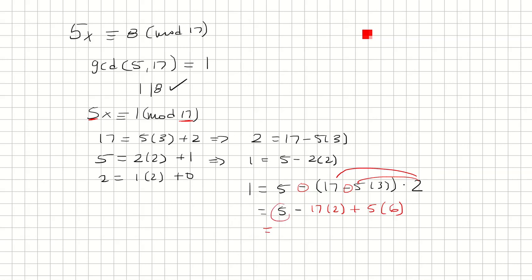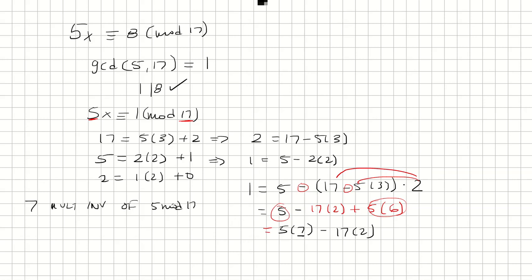So then we have 5 and then 6 copies of 5, so that's going to be a total of 7 copies of 5, and we have minus 2 copies of 17. So then we see that 7 goes with the x, so 7 is the multiplicative inverse of 5 mod 17.